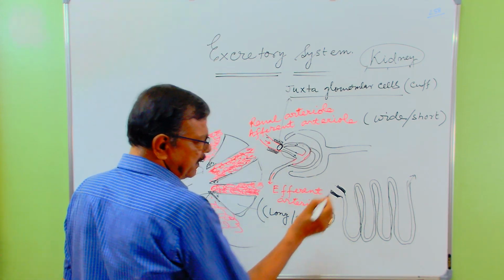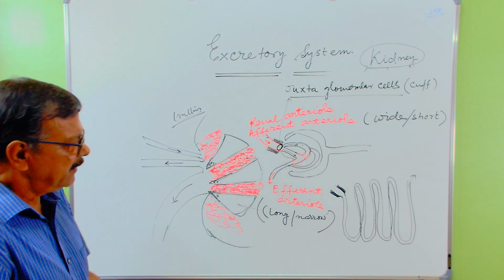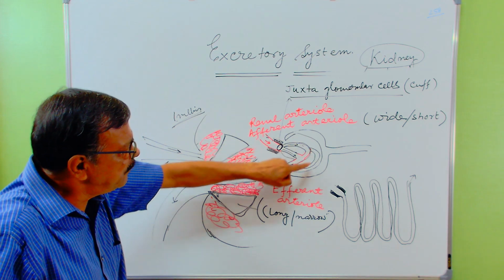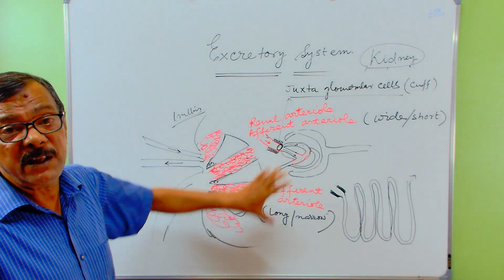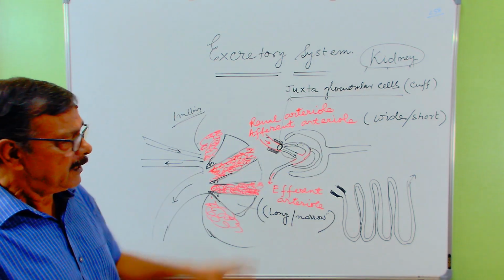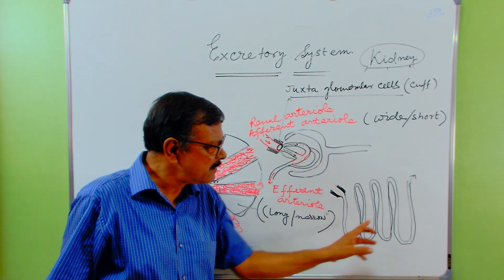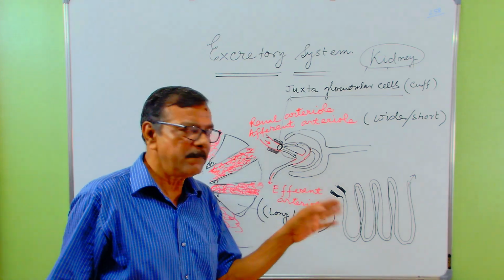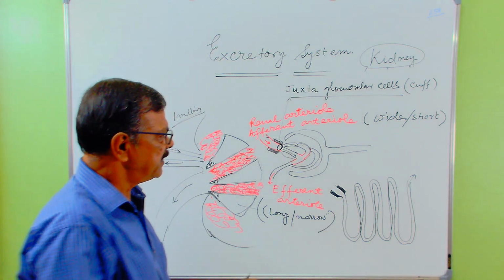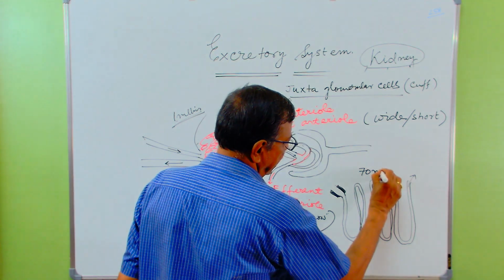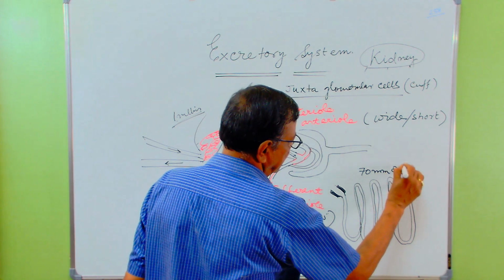This arrangement has been made so that the blood flow should be more. The BP will be more. The pressure will be more. So this arrangement has been made so that the pressure is at least 70 mm of Hg.